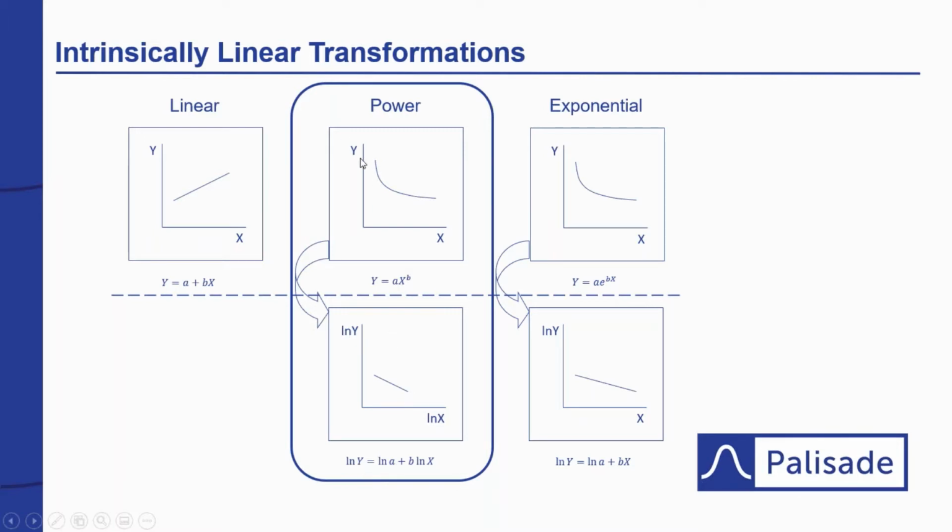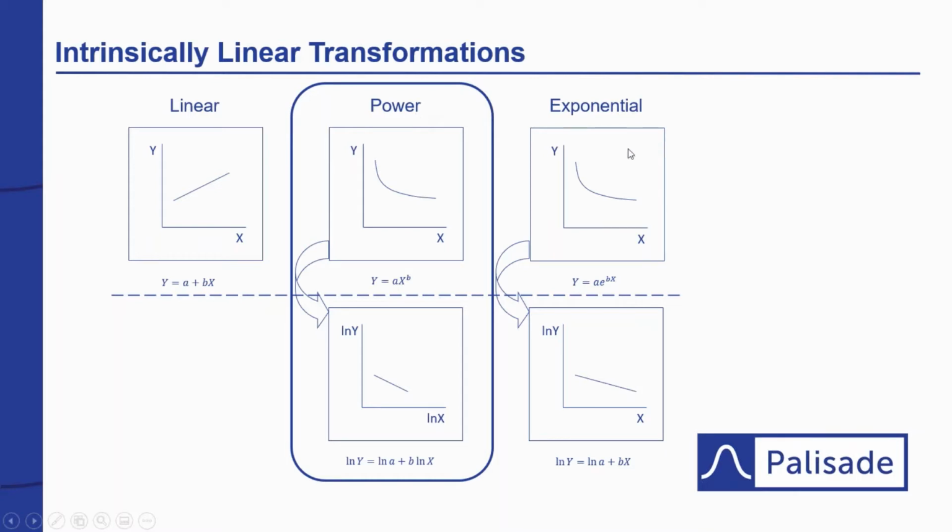So by transforming from the raw unit data, by transforming the y values, which are going to be cost or time, and the x values, which will be unit numbers, through natural logs, we end up with what's known as an intrinsically linear transformation. And this is the section that we're concentrating on for the rest of this presentation.